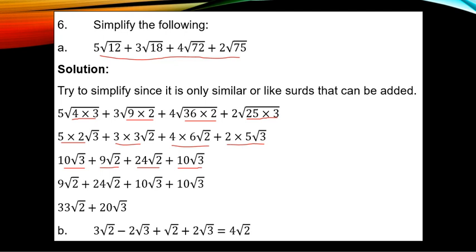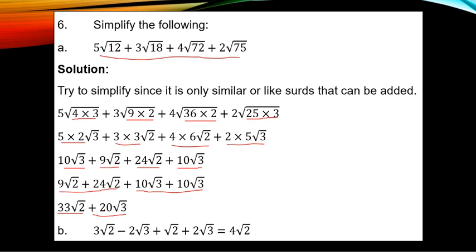So the ones that are similar, let's bring them together following ascending order, that is 2 before 3. So we have 9 root 2 plus 24 root 2, then for irrational number 3, you have 10 root 3 plus 10 root 3, and that is 33 root 2 plus 20 root 3.